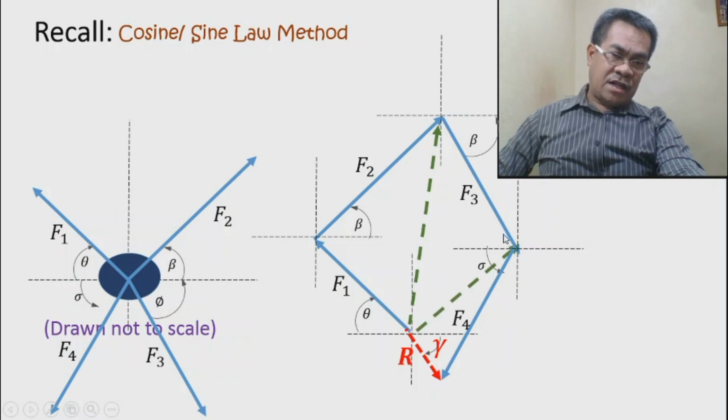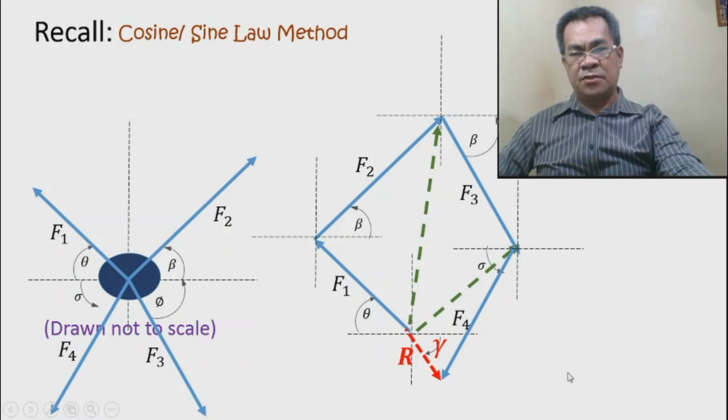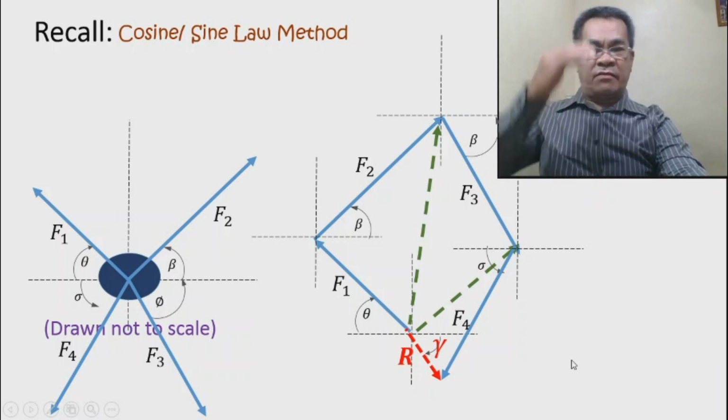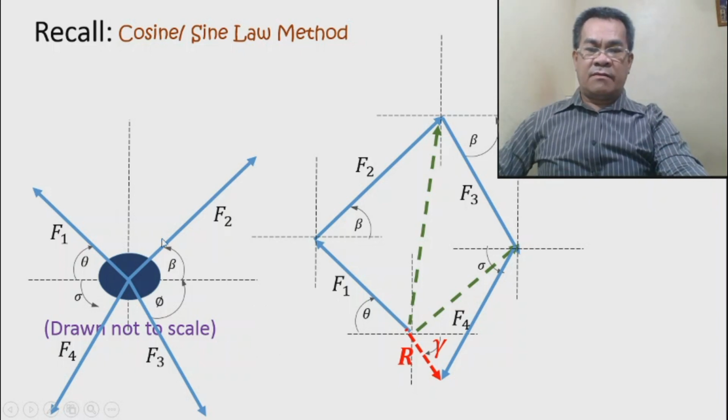After that, cut this one, and we have another triangle, which you have to solve. This is the vector sum of these two vectors. Then find the angle. Finally, you create this triangle, then solve for R. That's it. So you notice the increasing difficulty as the number of forces increases in finding the vector sum. It is not advisable to use this for three or more forces.